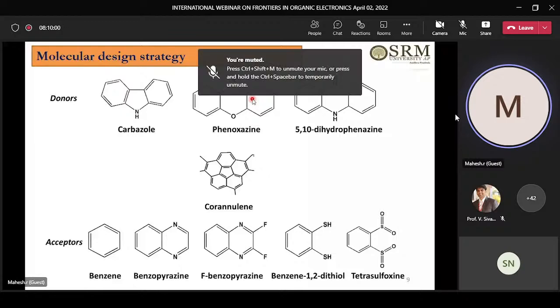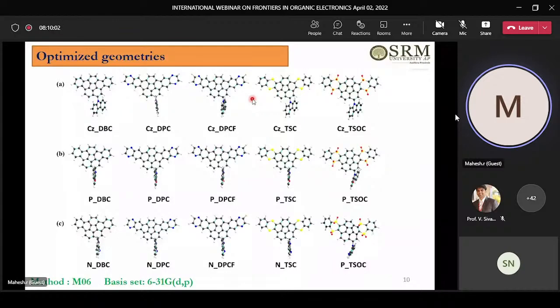So these are the 15 new molecules that we have designed with different combinations of donors and acceptors. As you can see from these optimized geometries, the donor is almost perpendicular to the pi bridge, the quinoline molecule.